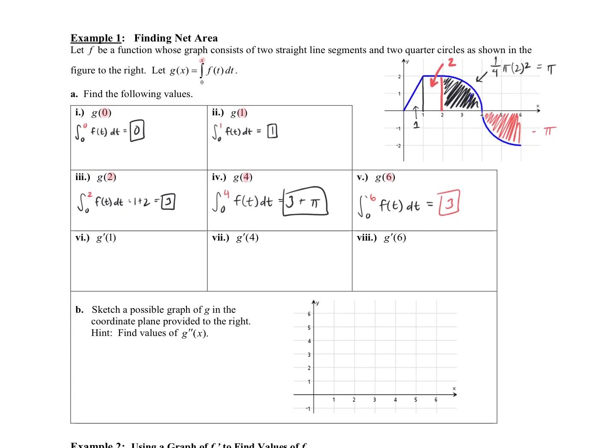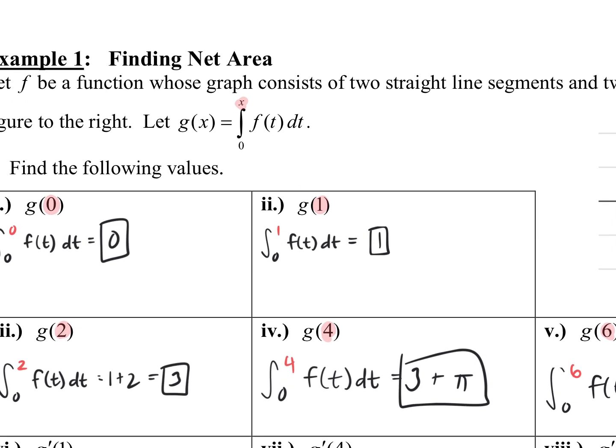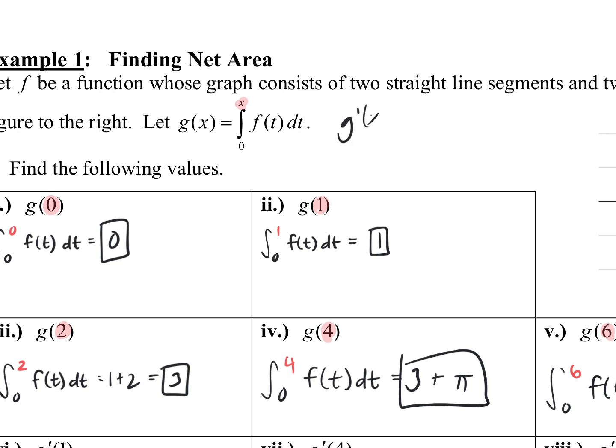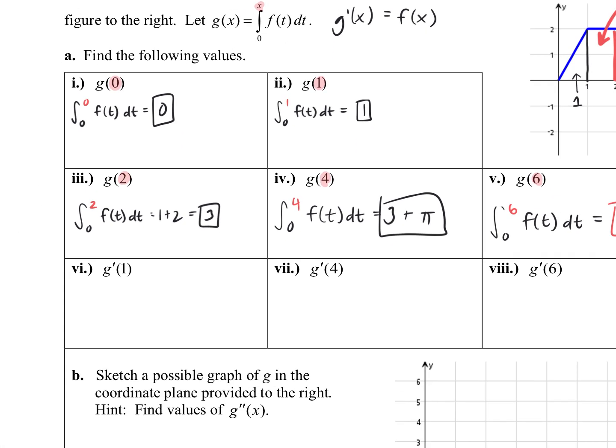Okay, now for the next 3, we're going to find the derivative of g. So if you remember from the previous page, the derivative of g of x is equal to f of x. So g prime of x is equal to f of x.